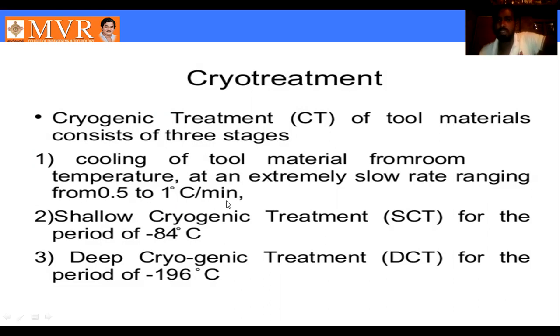So in a cryogenic heat treatment process, at low temperature onwards, we are heating the tool. After that, we go for cooling, and the cooling is done from room temperature only, at an extremely slow rate ranging from 0.5 to 1 degree centigrade per minute. So the cooling is also very slow, and low temperatures are used to cool the tool material.